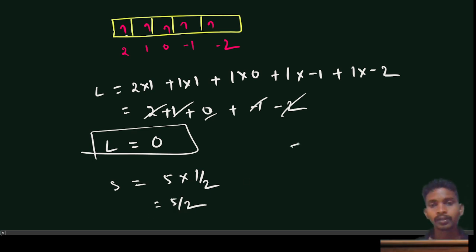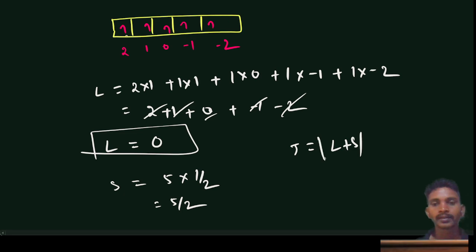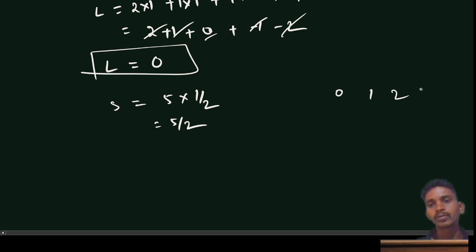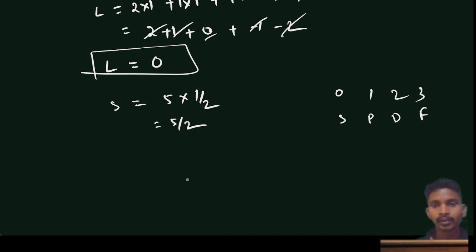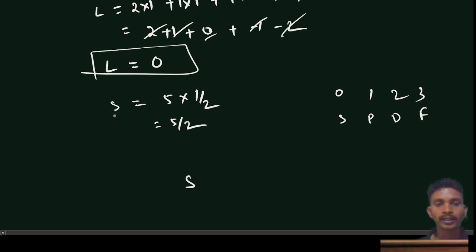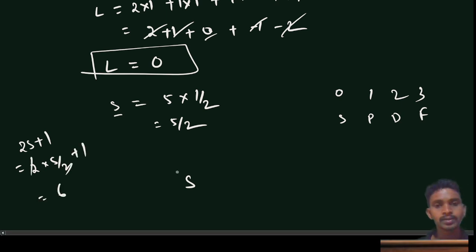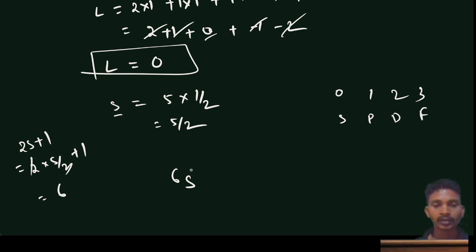J is equal to L plus S. Here L equal to 0, and 0, 1, 2, 3 correspond to S, P, D, F. So L = 0 is S. The S value is 5 by 2, so 2S plus 1 becomes 2 into 5 upon 2 plus 1, that is equal to 6. So 6S.